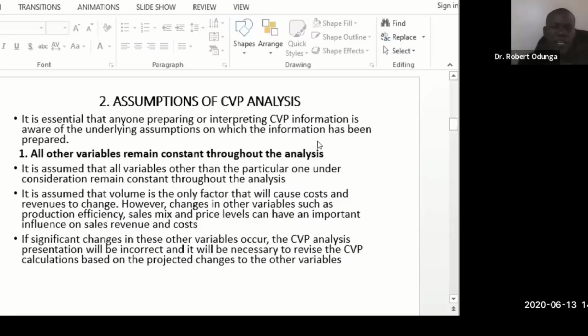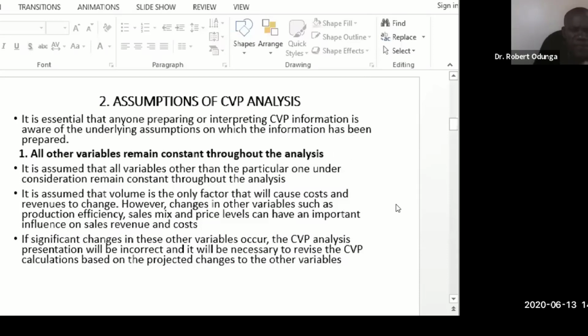That's why we are saying it is the only factor that causes the costs and revenues to change. If you sell more, you increase your revenues. If you sell more, you are able to cover your costs. And for you to sell more, you need to incur some costs. So these are the things that we are going to manipulate a lot when it comes to application of the CVP analysis model.